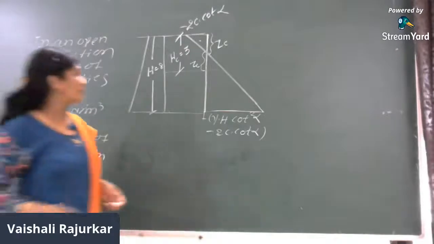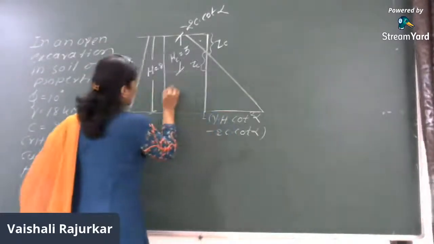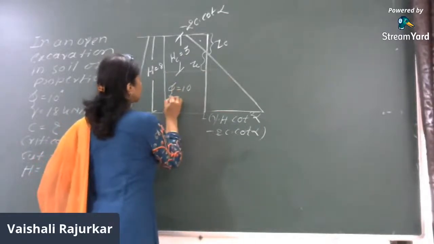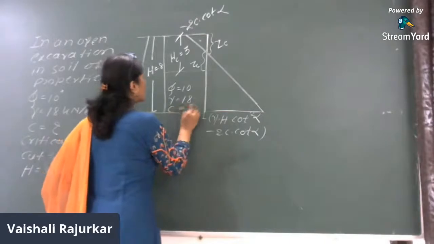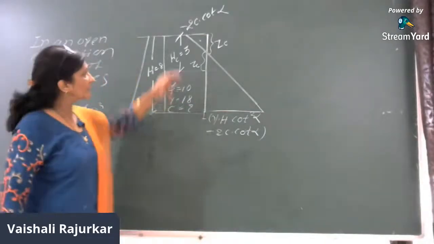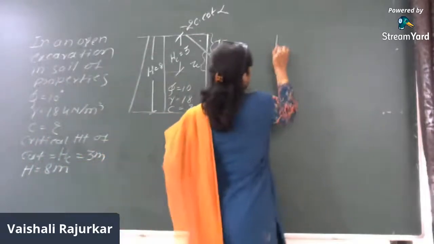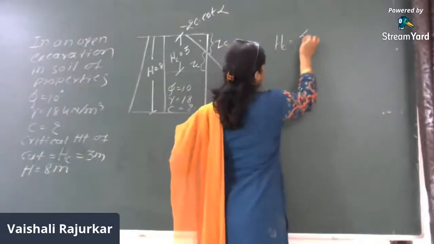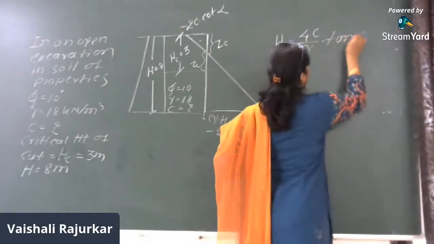In this case now, the value of HC is given and you have to find out the value of C. Phi is given as 10 degree, then gamma is given as 18. Now you are having the equation for HC. What is the equation of HC? HC is equal to 4C upon gamma into tan of alpha.